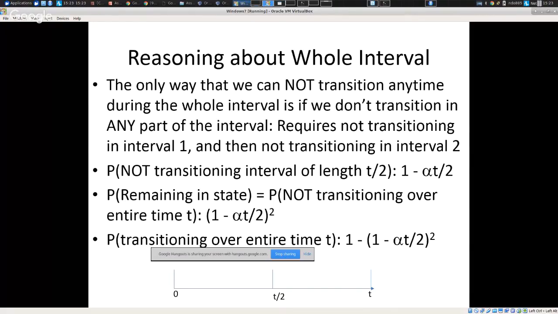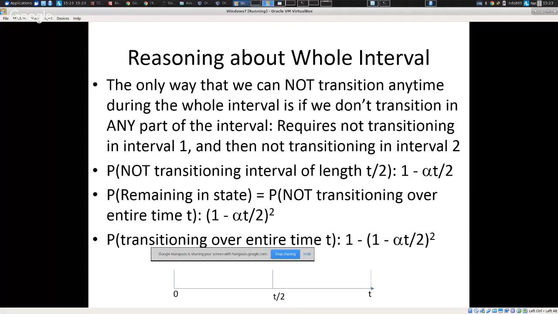Okay, squared. Now, suppose we have three such intervals. How would this change? Can anyone tell me? The power. Okay, the power would change, because now I've got to dodge the bullet 3 times, and I have to dodge it all 3 times.